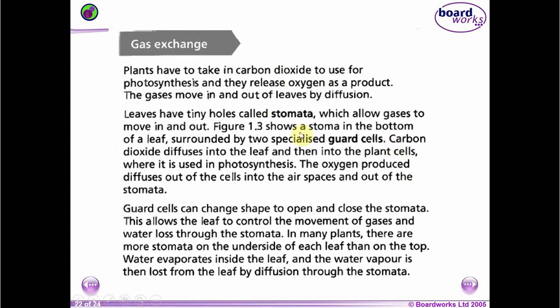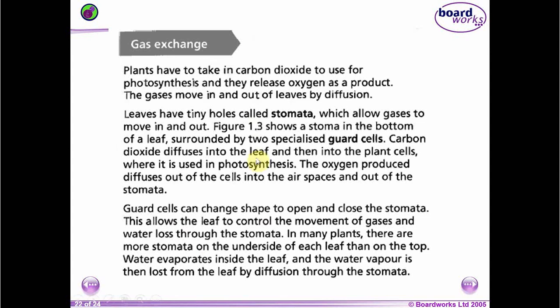The carbon dioxide enters through the stomata into the air spaces and then diffuses into the spongy cells and the palisade cells. And the oxygen diffuses out of the palisade and the spongy into the air spaces and then out of the leaf through the stomata. So the guard cells around the stomata open and close to open and close the stomata.